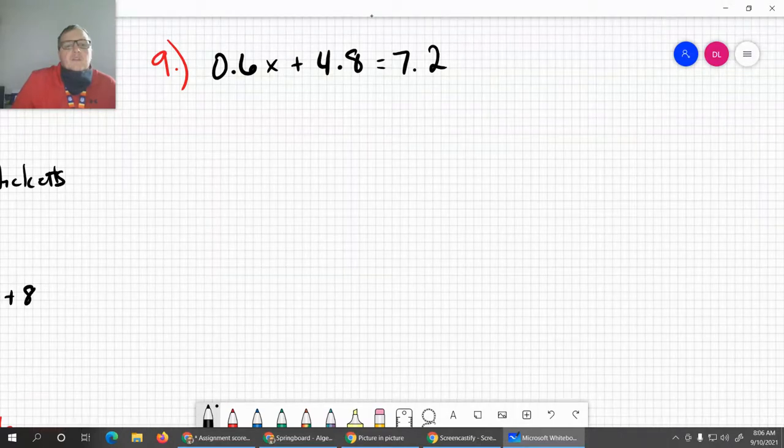It's kind of easy enough, right? What would I have to multiply this by so the decimal goes away? Yeah, it's in the tenths place, so I would need to multiply this whole thing by 10.